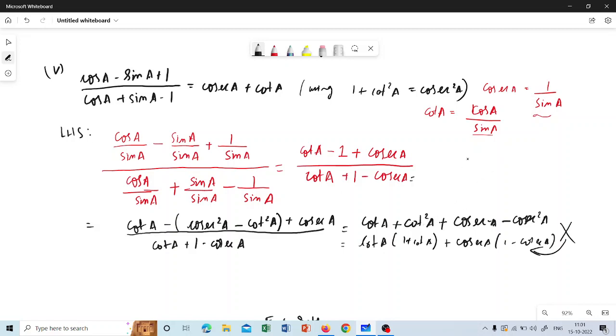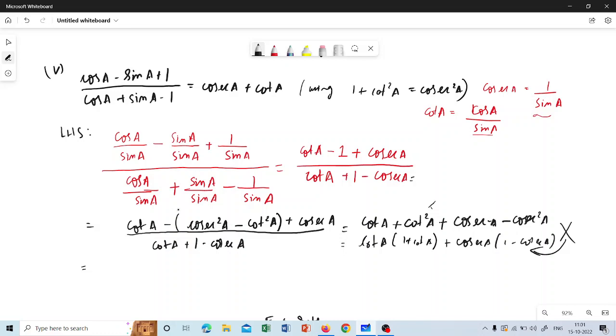So now if you look carefully here, I can rewrite this expression. Instead of writing in this way, this is not the way. So what I will do is, this cosecant square A minus cot square A, you know that it is in the form of a square minus b square.